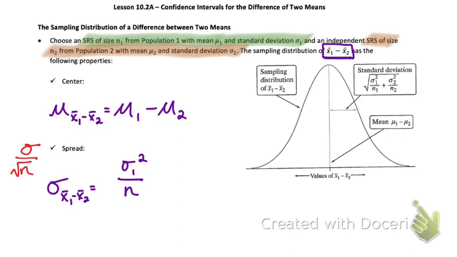Then I add the standard deviation of the second population squared over the second population sample size. Again, that is just sigma 2 squared over n2. Once you add them together, yes, you are adding because we're never going to subtract here, we take the big square root of all of that. That's how that formula comes to be.